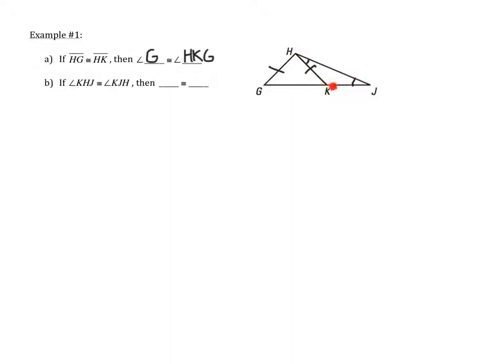And I know this is isosceles since the base angles are congruent. So the sides opposite them will be congruent. So opposite this angle J is this side right here, and opposite the other angle is this side right here. So that means that HK is congruent to JK. And to know that, I was actually using the converse of the base angles theorem.